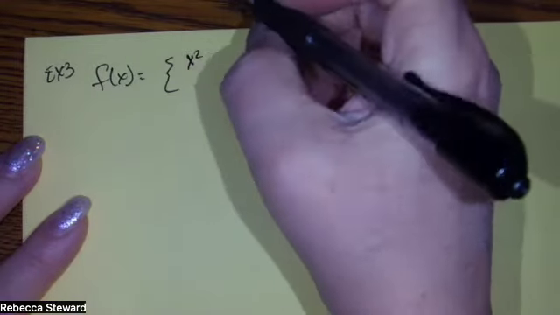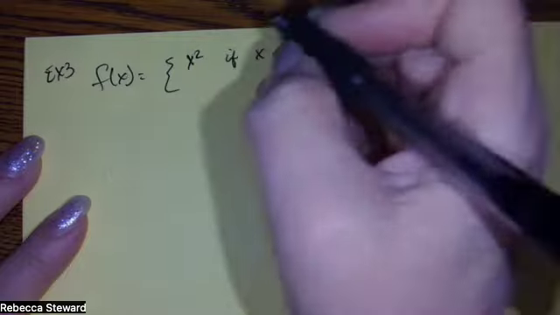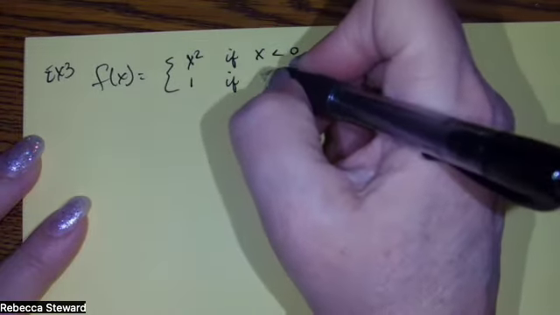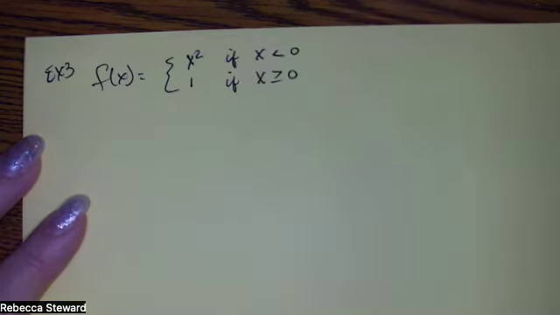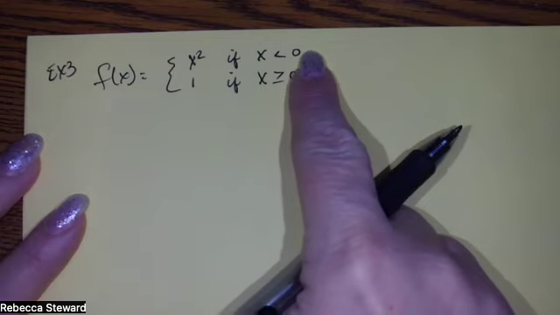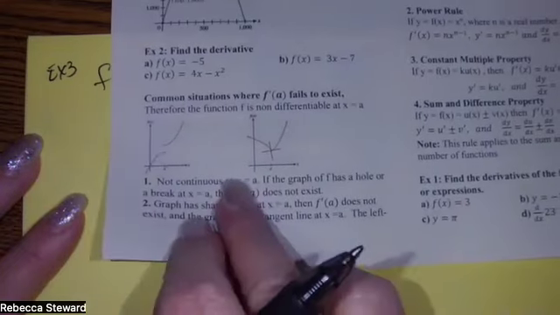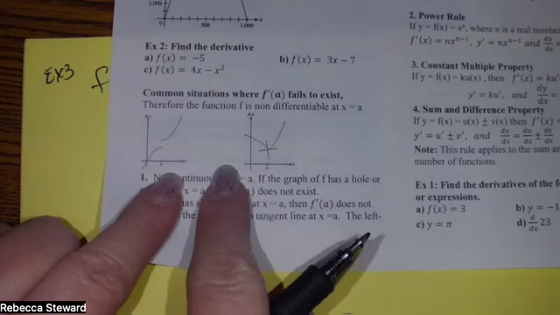So we have x squared if our x is less than 0, and we have 1 if our x is greater than or equal to 0. So let's talk about what this means. If x is less than 0, that's where it's negative. And if we look at a graph, negative values of x will be on this side of the graph.